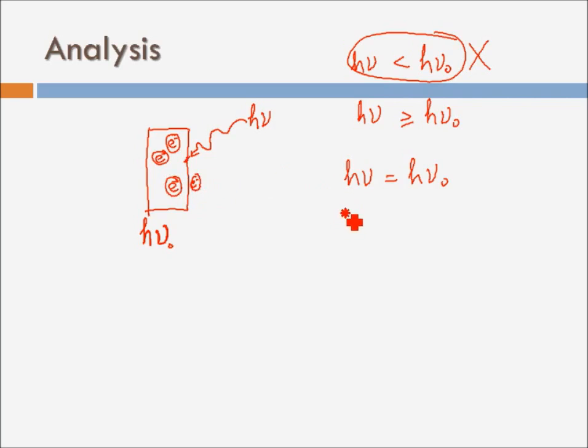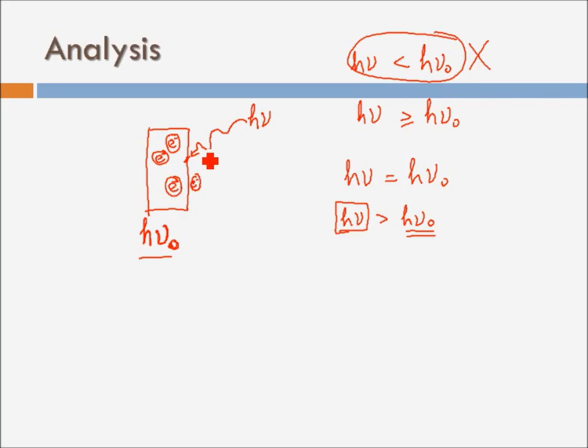But what if h nu is greater than h nu naught? This means the energy that you are supplying is more than the required amount. The energy required to make the electron part away from the metallic body was only h nu naught. If I am giving the metallic body some extra energy, where will that energy go? That energy will not go to any other electron.